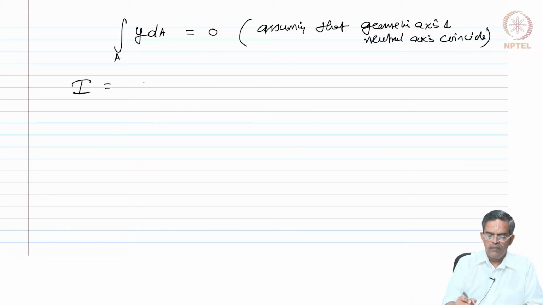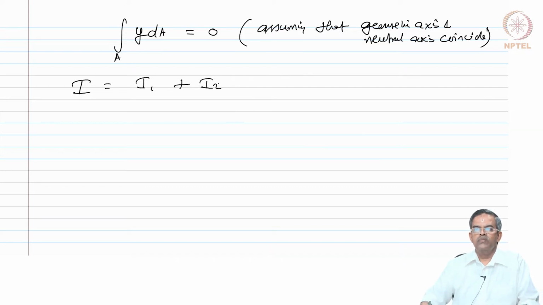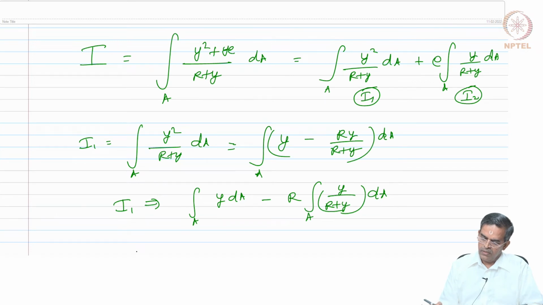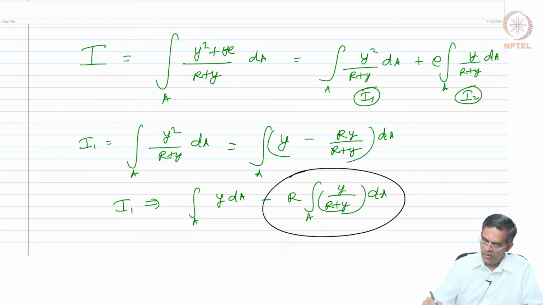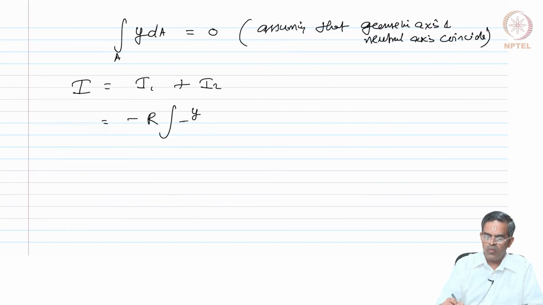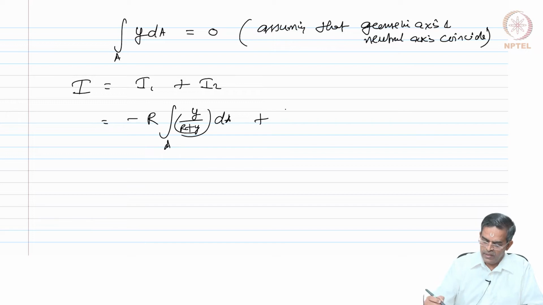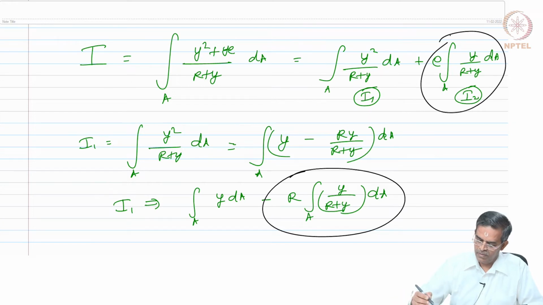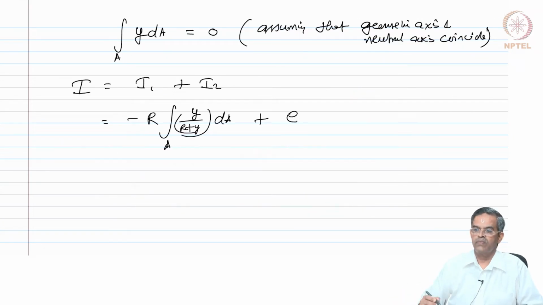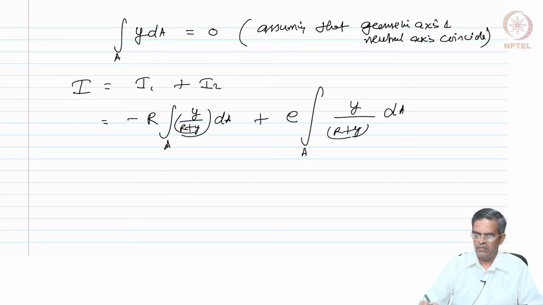So, I will be I1 plus I2, which is, so this goes away, minus r times the integral of y by r plus y dA over area A, plus e times the integral of y by r plus y dA for the area A.